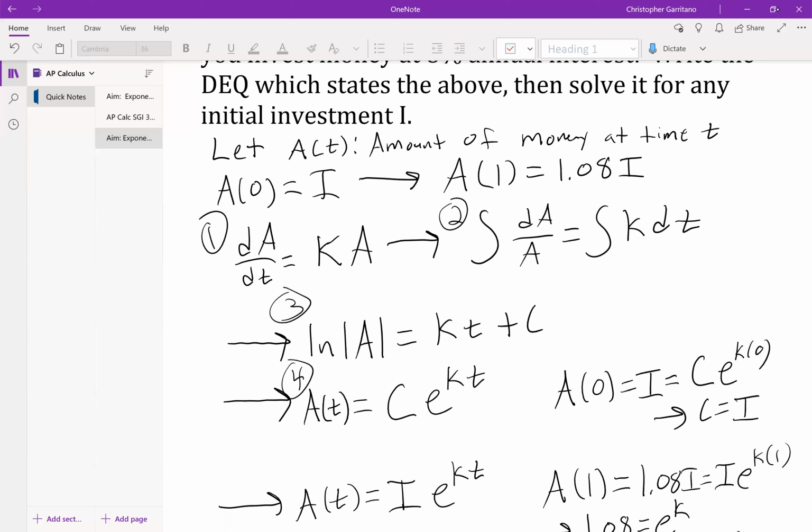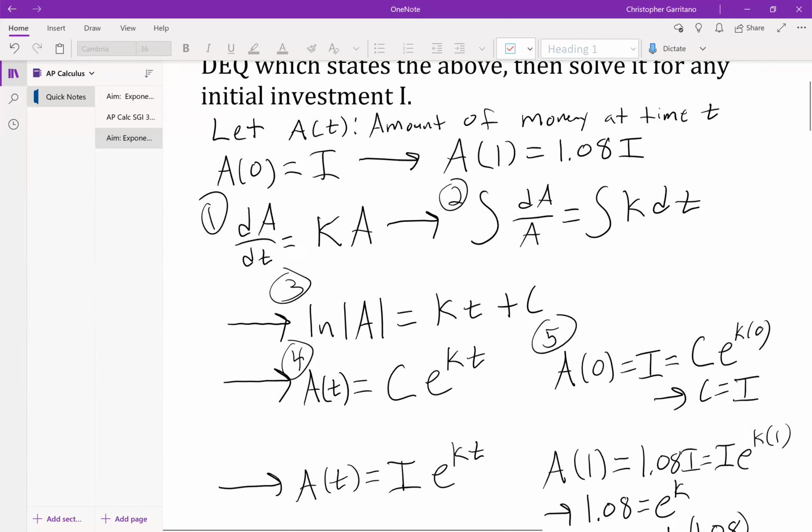So start out with A of 0. We're told initially that A of 0 is equal to I. And based on step 4, A of 0 is also equal to C times e to the k times 0. This simplifies to C is equal to I. So this was what I did in step 5.